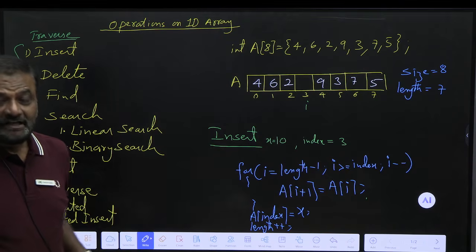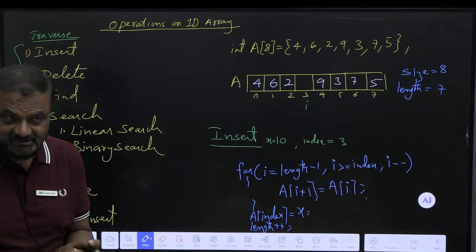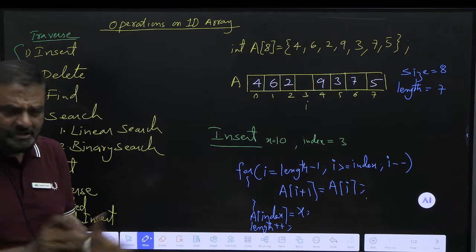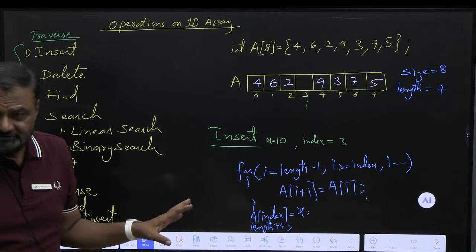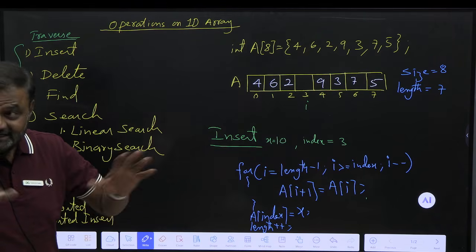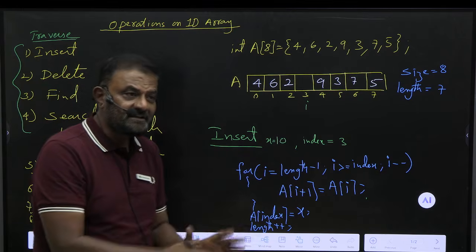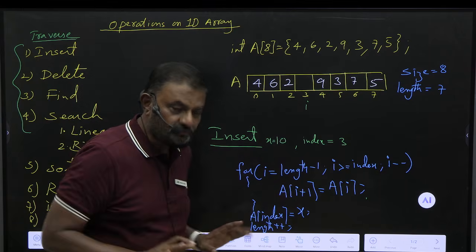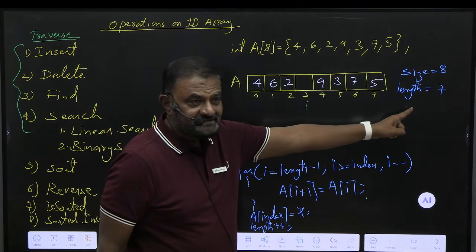Now one more thing. You should also check edge cases before insertion. But mostly in GATE, they don't focus on edge cases. They don't give questions by considering edge cases. When you are doing proper programming, then you have to take care of edge cases. What is this edge case? Let us see. The length was 7. Number of elements were 7.